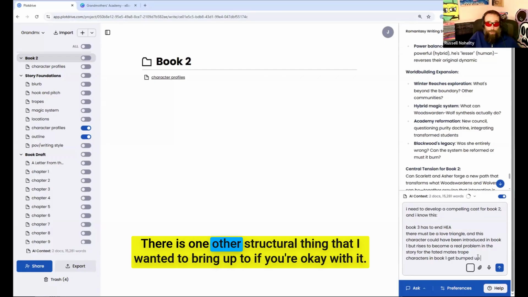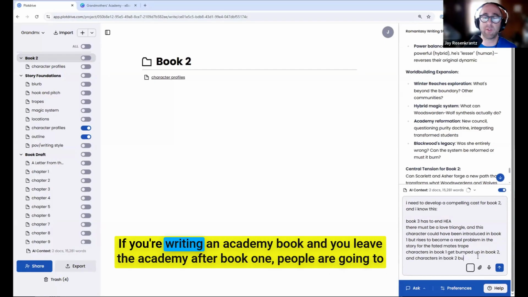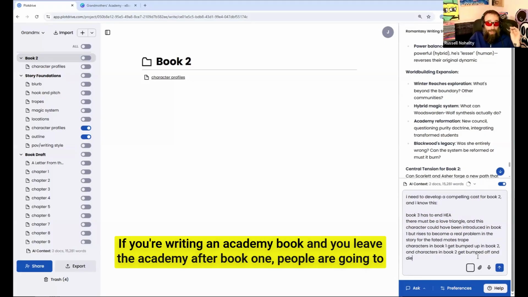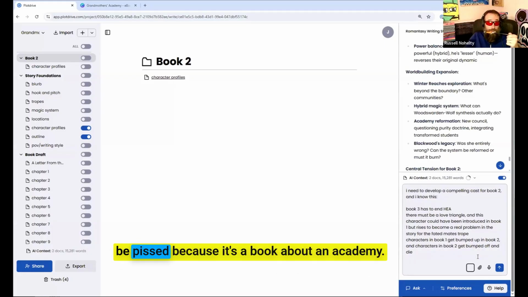There is one other structural thing that I want to bring up too, if you're okay with it. If you're writing an academy book and you leave the academy after book one, people are going to be pissed, right? Because it's a book about an academy and the academy should be playing a role.